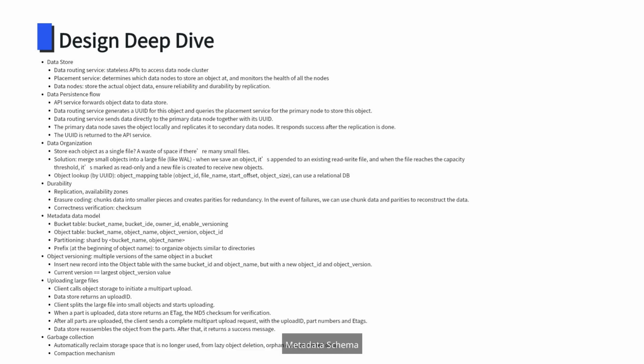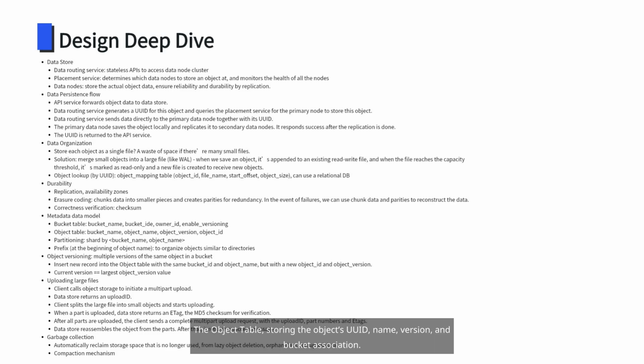4. Metadata schema. Metadata is stored separately and includes two main tables: the bucket table, storing configuration like owner ID and versioning settings, and the object table, storing the object's UUID, name, version, and bucket association. We shard metadata by bucket name and object name for better scalability.